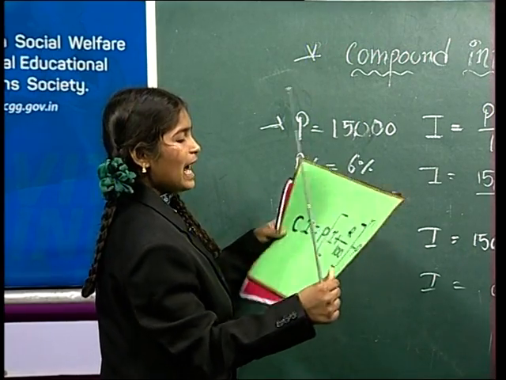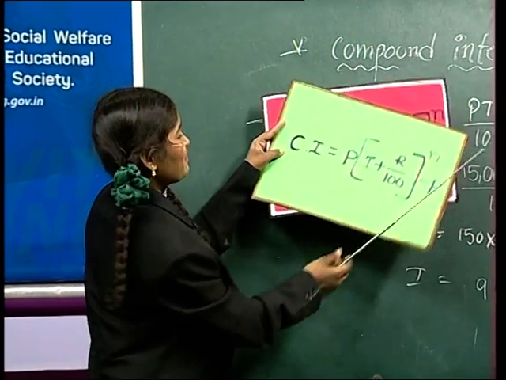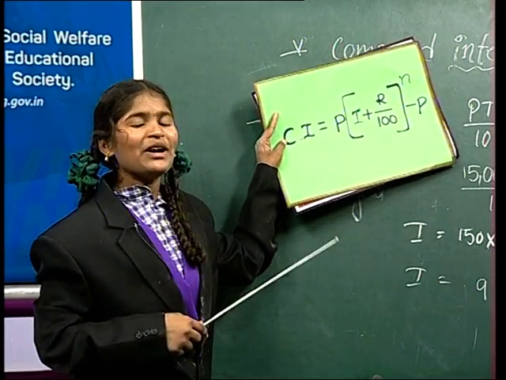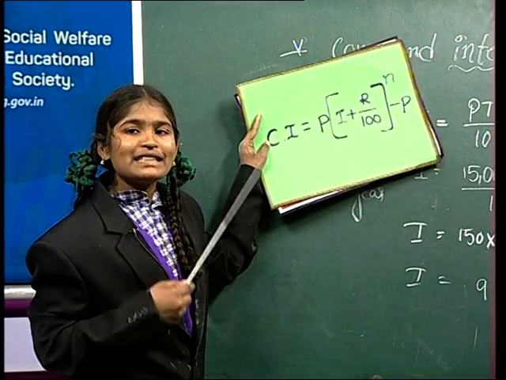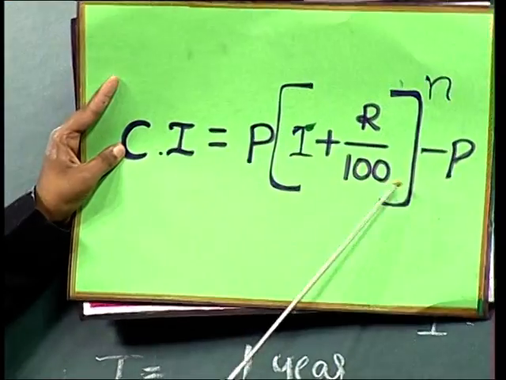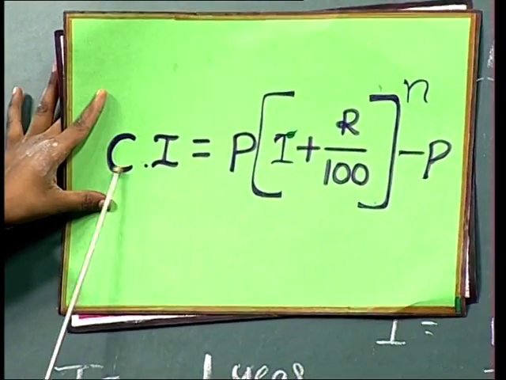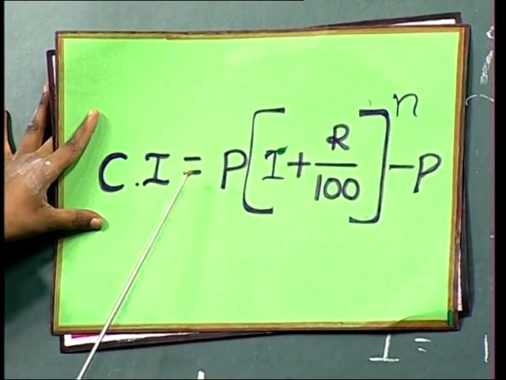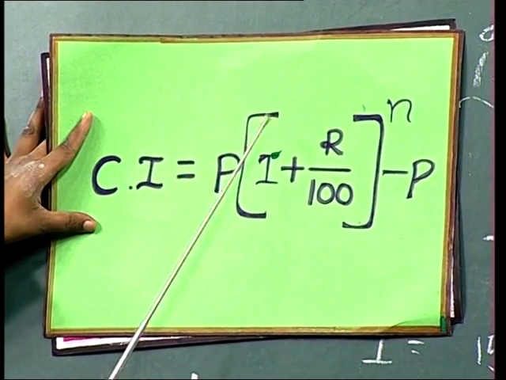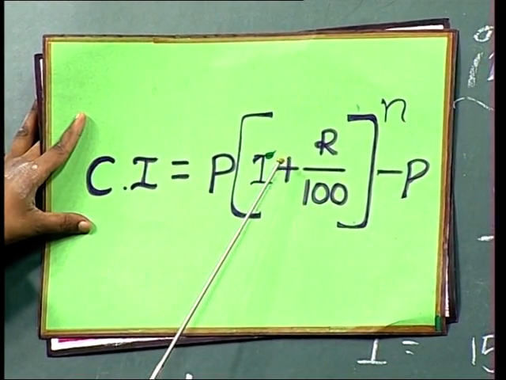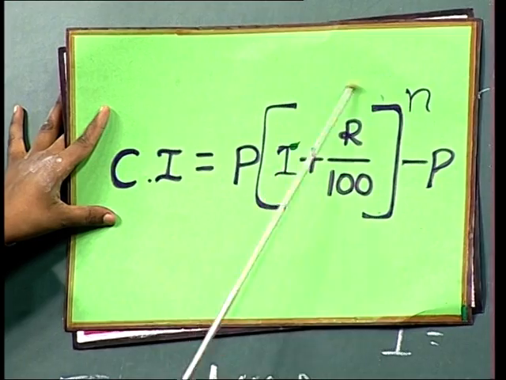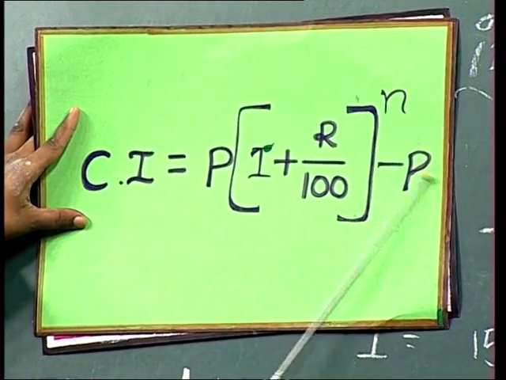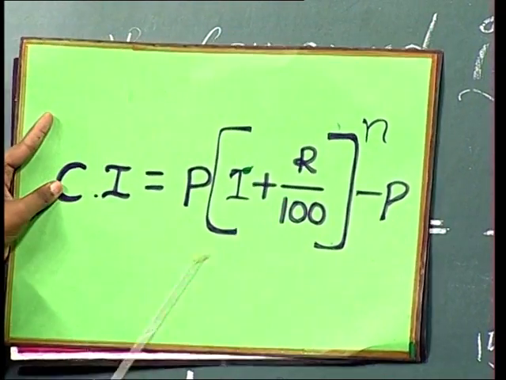And the next one. This is a compound interest formula. If you want to find the compound interest, you subtract the principal. So compound interest equals P, the principal, times (1 plus R by 100) whole power n, minus P. Okay?